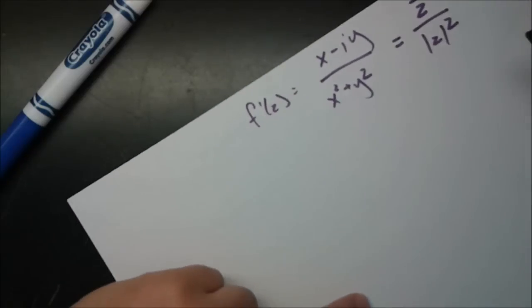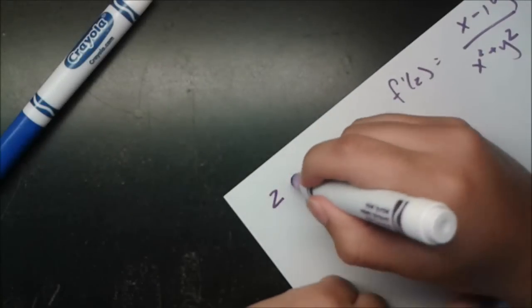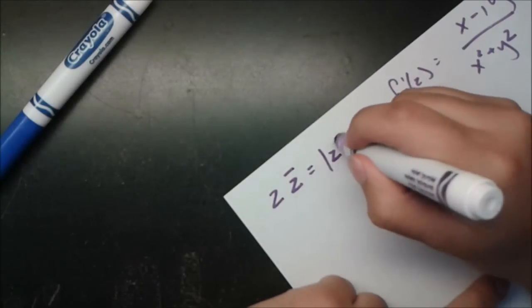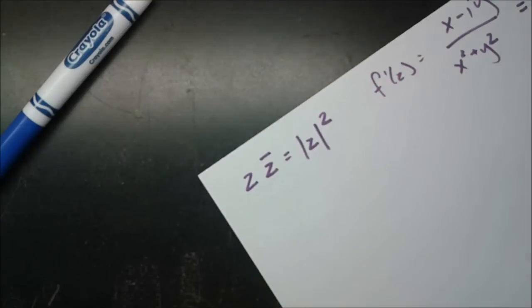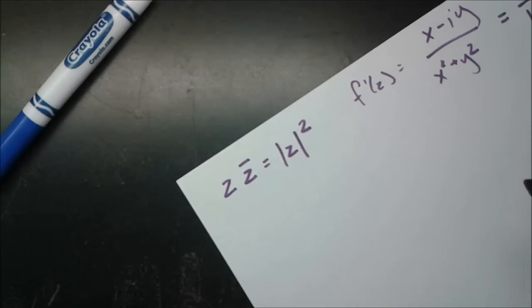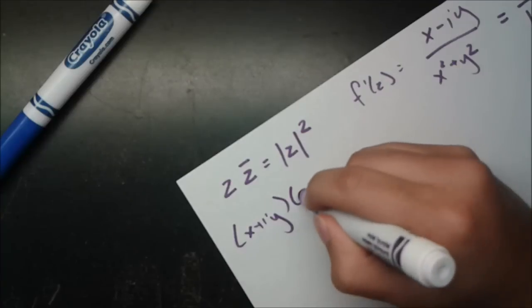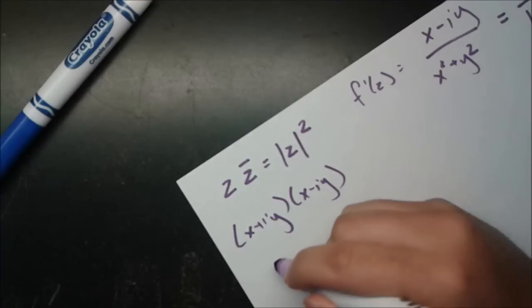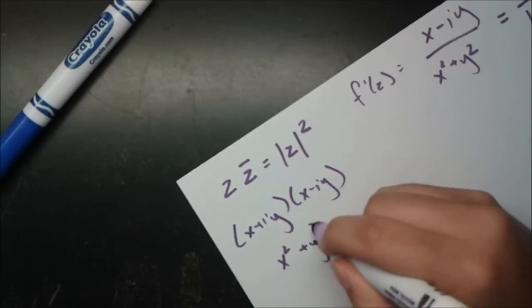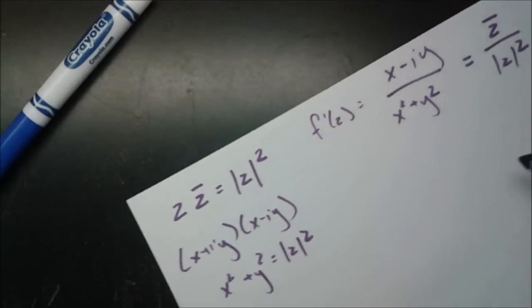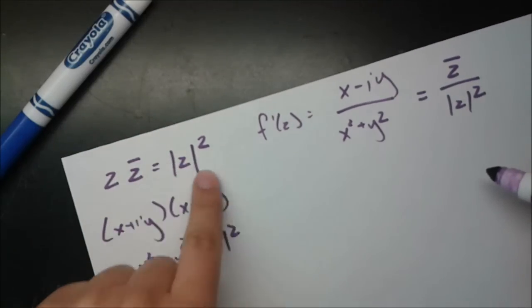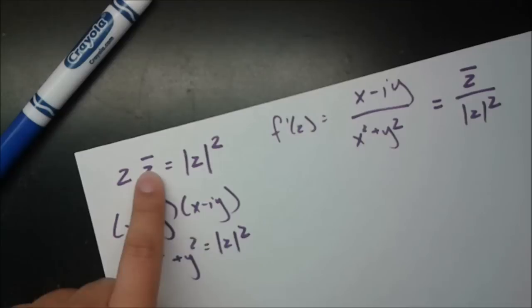We can clean this up even further with this relationship: z times z bar equals modulus of z squared. The reason for that is because z is x plus iy, z bar is x minus iy, so we have x squared plus y squared, which is modulus of z squared. So we can rewrite modulus z squared as z times z conjugate.